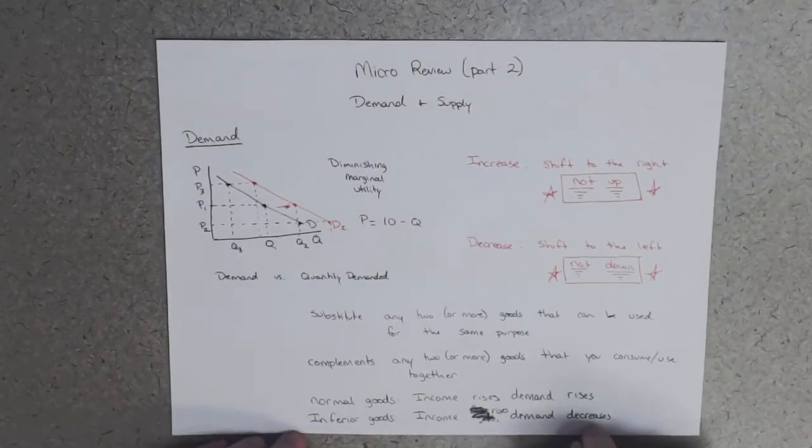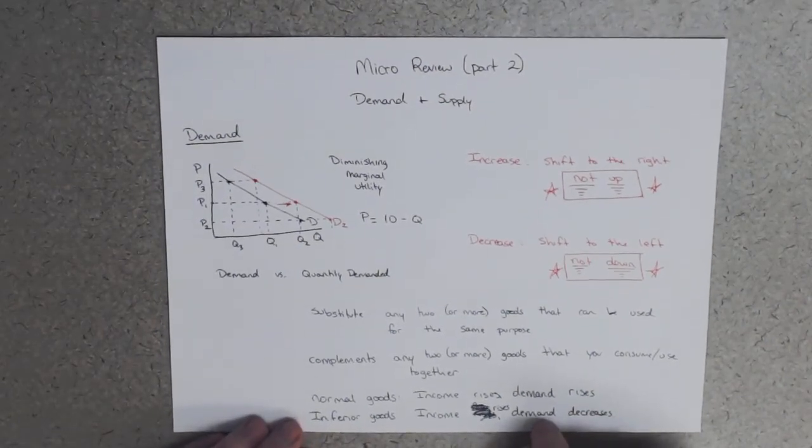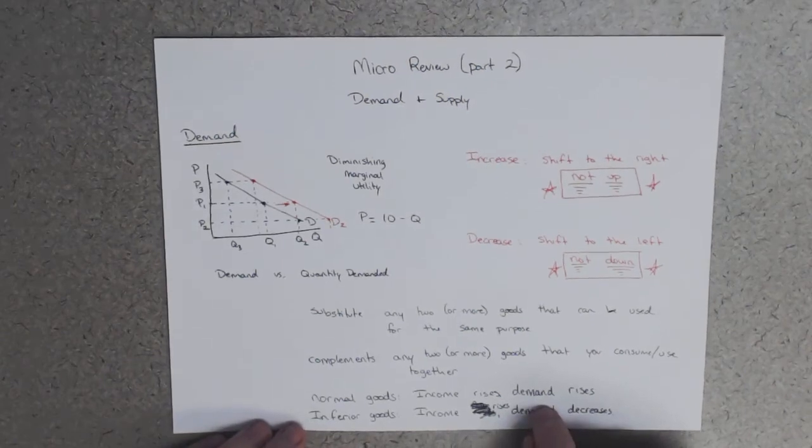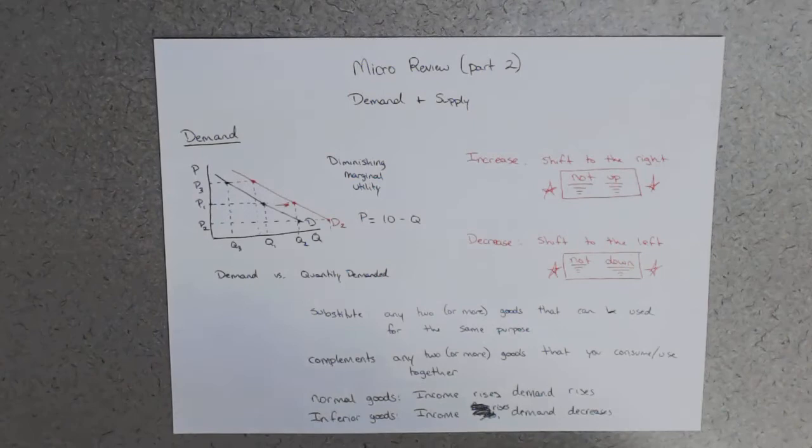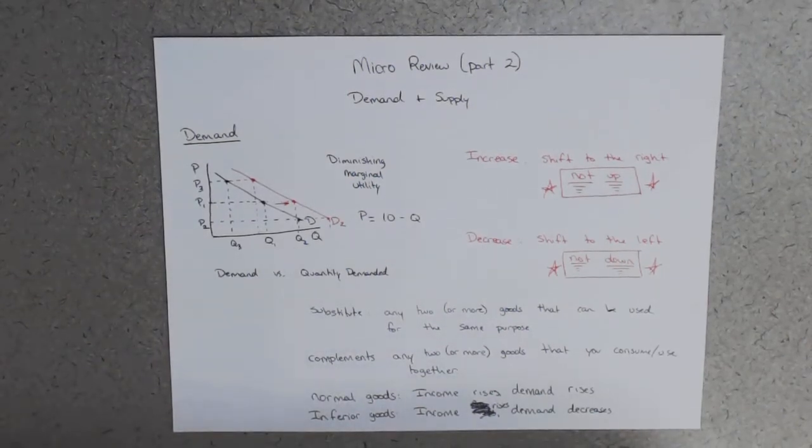Okay, so here's a tricky example. Let's say that you are at home and you have cable, so you're watching cable television. You go to work all day and you come home and you watch cable television and then you go to sleep. Then let's say you lose your job. Regrettably, your boss just lets you go.